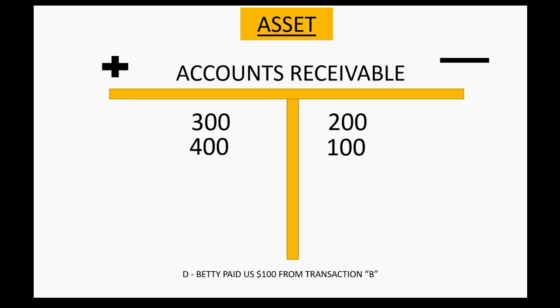Usually cash, because we got more cash. But this is how accounts receivable behaves, and it will be matched to each individual customer's balance, so that the total of each individual customer's balance will always equal the balance of this T account, accounts receivable.